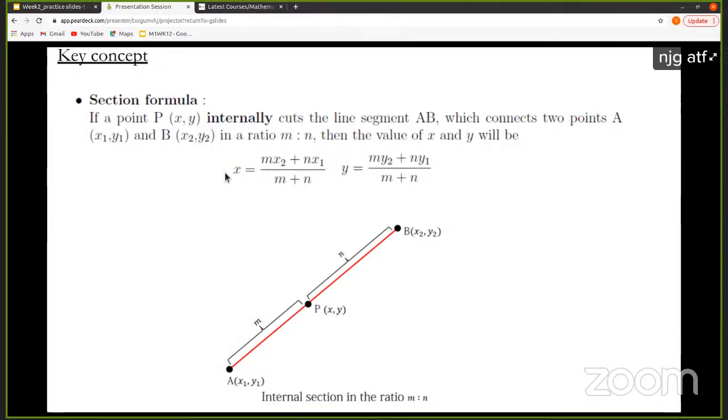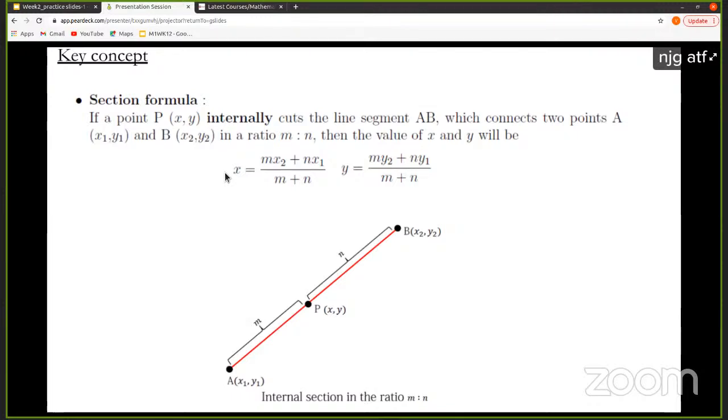See, the thing is, just cross multiply this. M plus n times x is equal to m times x2 plus n times x1. So what you get is x minus x1 by x2 minus x, and that is m by n. So for the first coordinate, x minus x1 by x2 minus x is m by n, and for the y coordinate it is also m by n.